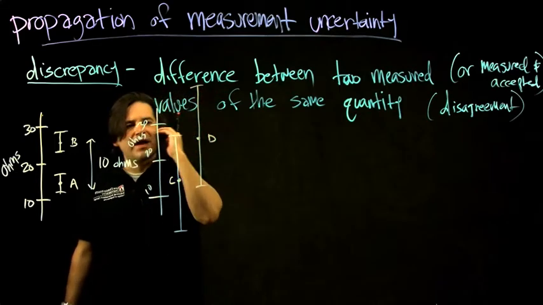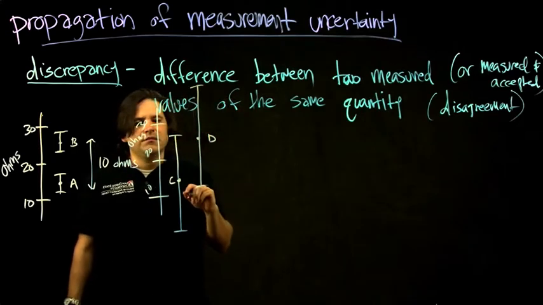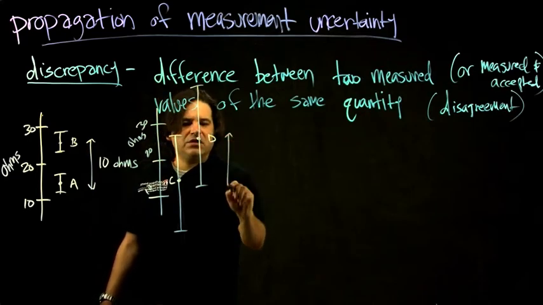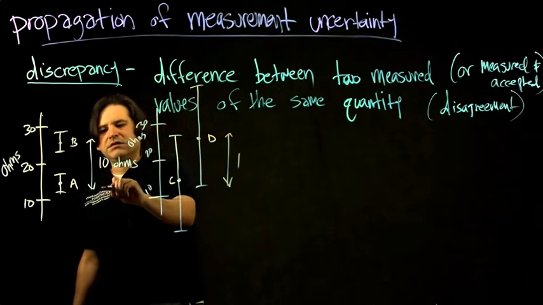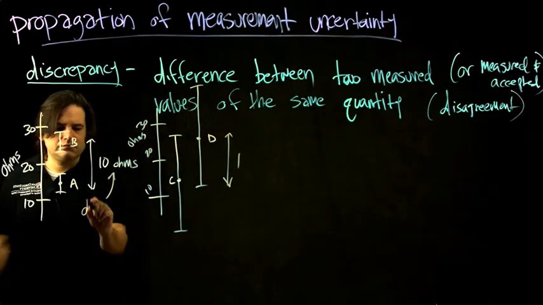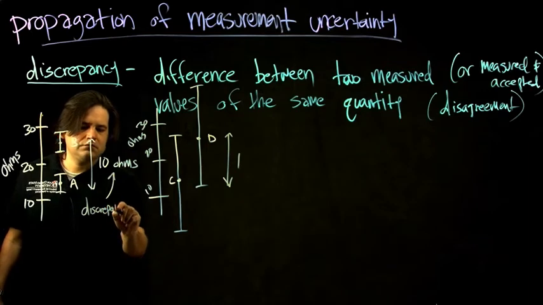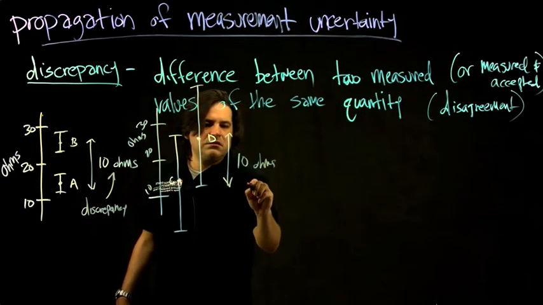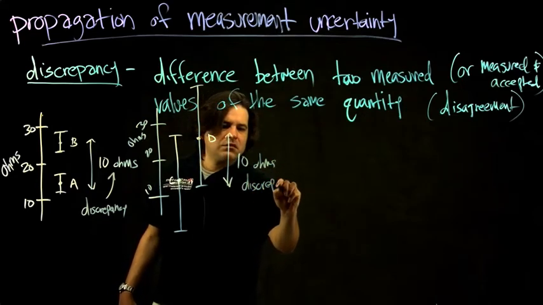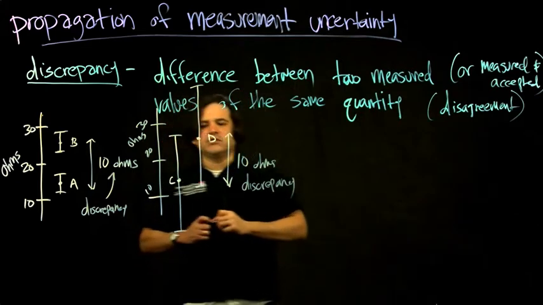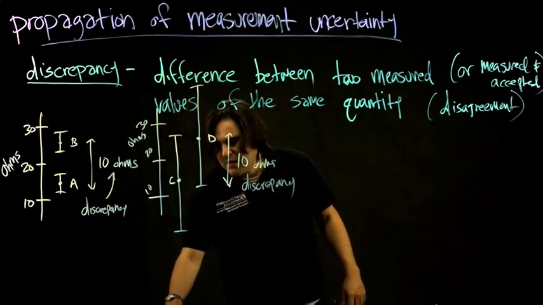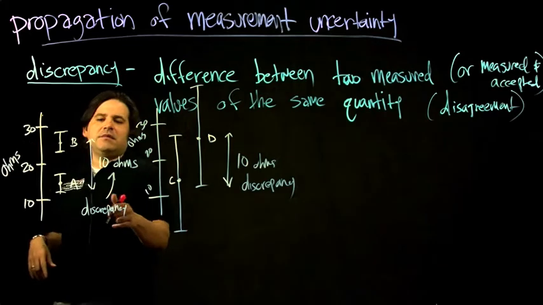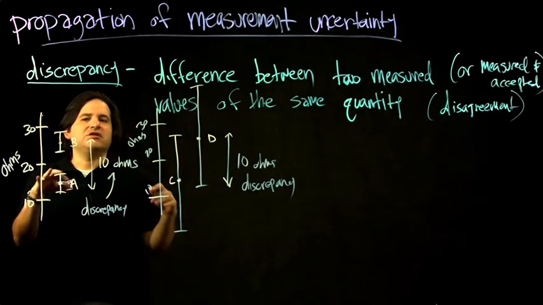So these two students have bad measurement techniques, but they get the same numbers. And here you can see that the discrepancy is also 10 ohms. This is a discrepancy of 10 ohms. So here are two situations where, because of the experimental uncertainty, you have the same discrepancy between measurements, but it's a very different situation. What is the difference?